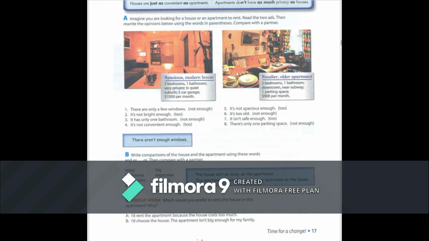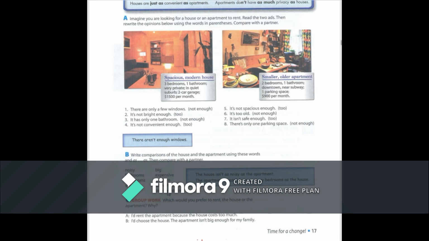Here parking spaces are countable and it's a noun, so I say the apartment doesn't have as many parking spaces as the house. If I'm talking about the spaces, I use many because it's countable.